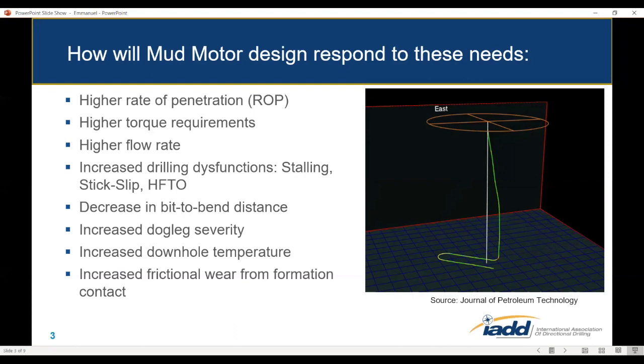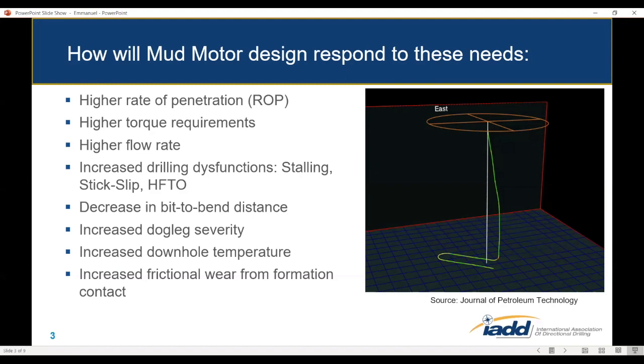We're going to be seeing more drilling dysfunctions, stalling of the motor, stick slip downhole. Now we're talking about high frequency torsional oscillations. We want shorter bit to bend. That's something we're trying to cut down every time we go into the design phase. Dogleg severity.